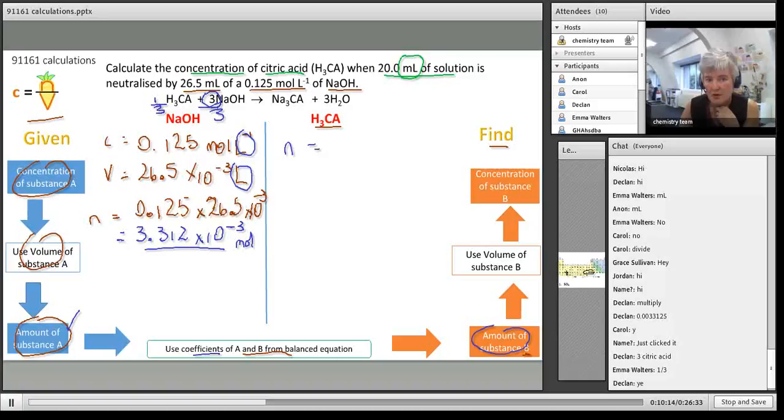So I've got 1/3 the amount needed of sodium hydroxide. And what is my sodium hydroxide? It's 3.312, and as I say, keep all those figures in your calculator, times 10 to the minus 3.